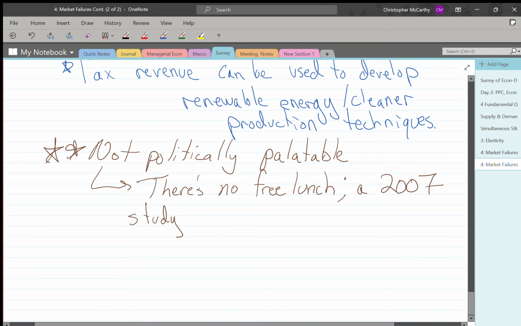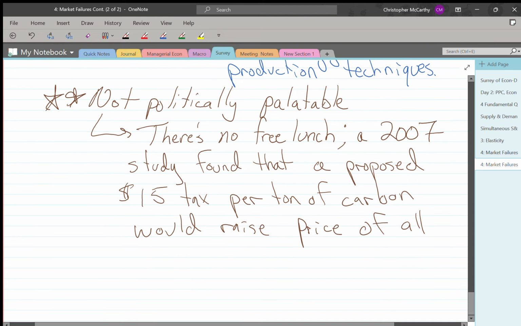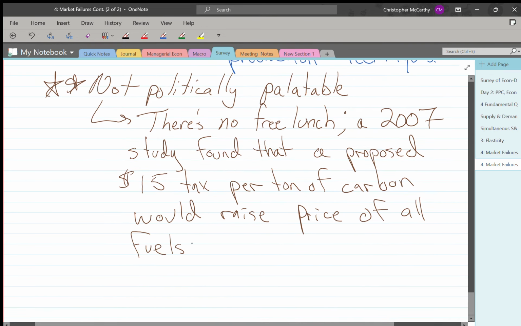A 2007 study found that a proposed $15 tax per ton of carbon emitted would raise the price of all fuels. So it would raise the price of gas, of electricity, of coal, of oil.